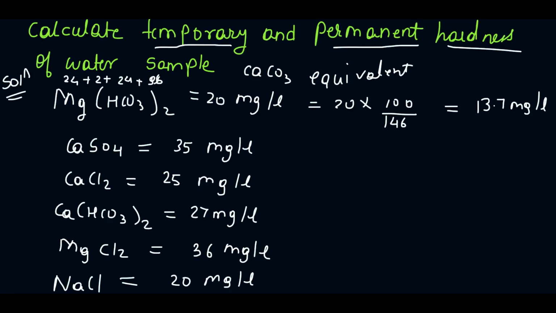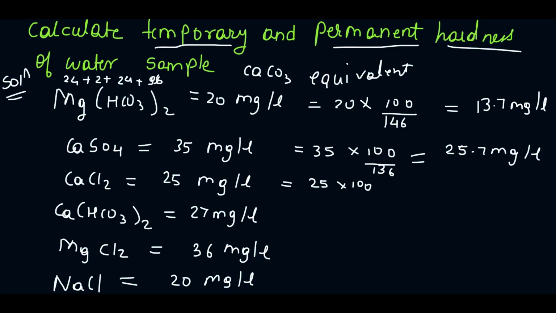milligram per liter. Similarly, 35 into 100 upon CaSO4. What is the molar mass of the CaSO4? 136. Therefore, it will be equal to 25.7 milligram per liter. So CaCl2: 25 into 100 upon 111 is equal to 22.5.